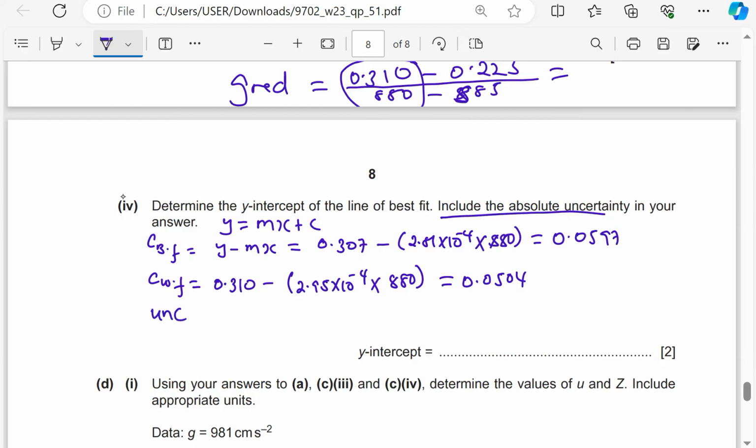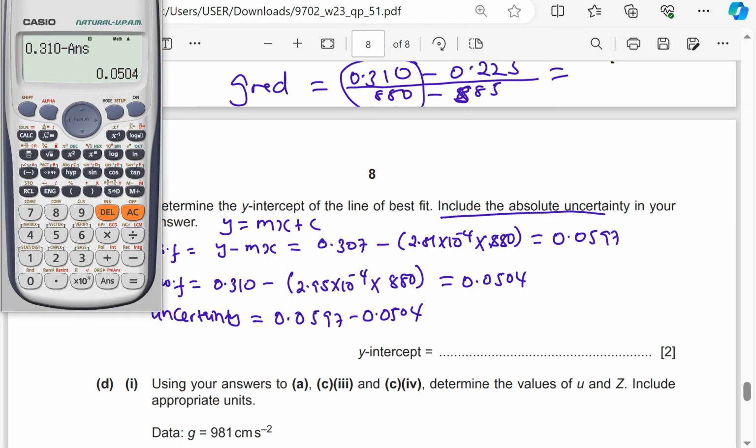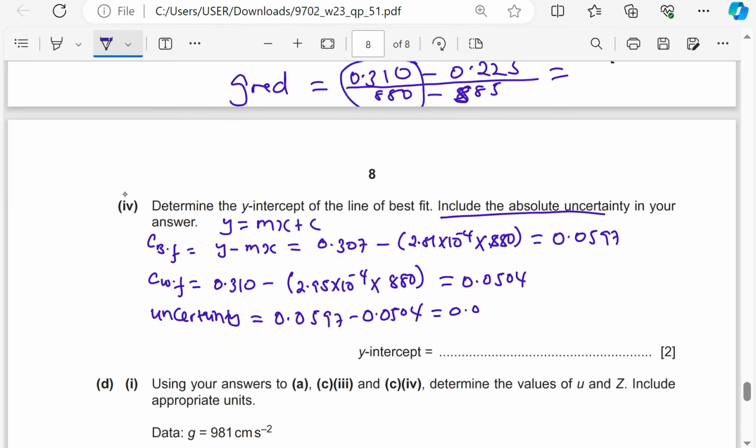Then they want us to include the absolute uncertainty. So I'll say uncertainty is going to be the difference. So 0.0597 minus 0.0504. So it is 9.3 times 10 to the power of minus 3, which is 0.0093.